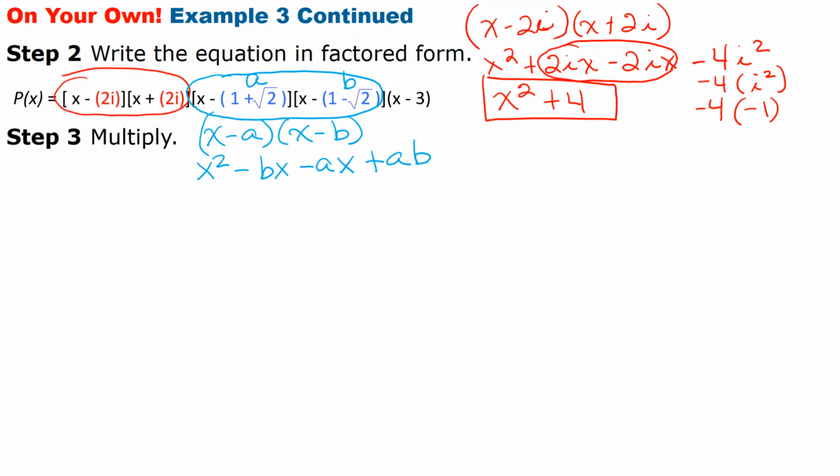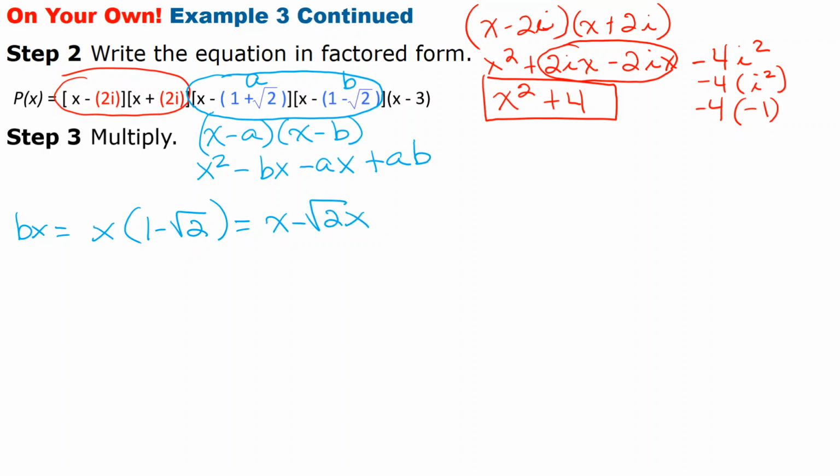First of all, I'm going to figure out what my bx is. bx is equal to x times b, and b was 1 minus the square root of 2. When I distribute my x to both of them, I get x minus square root of 2 times x.